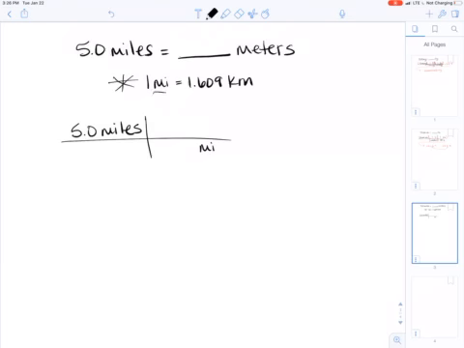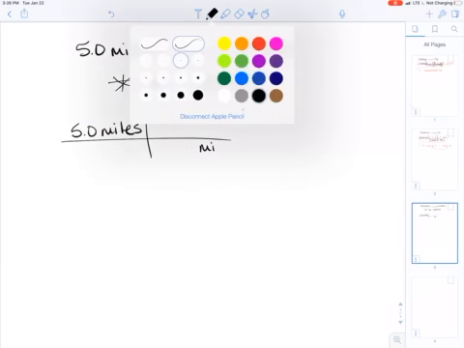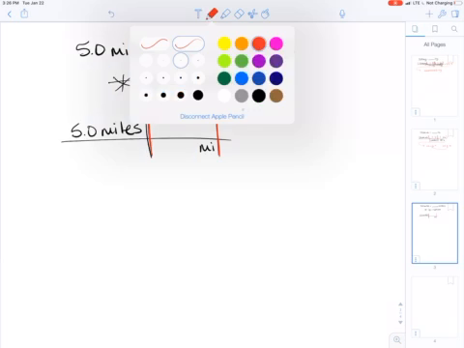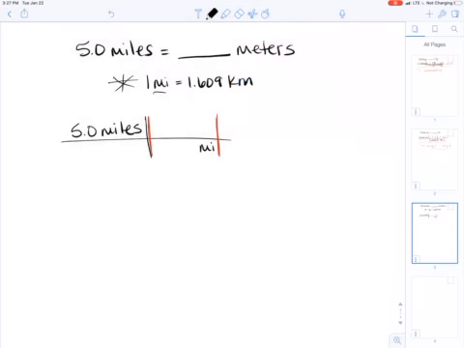So on this particular section right here, you are going to have to use your conversion factor that was given. So if 1 mile is 1.609 kilometers, that is where that information would go. But you're not trying to get to kilometers, you're trying to get to meters.